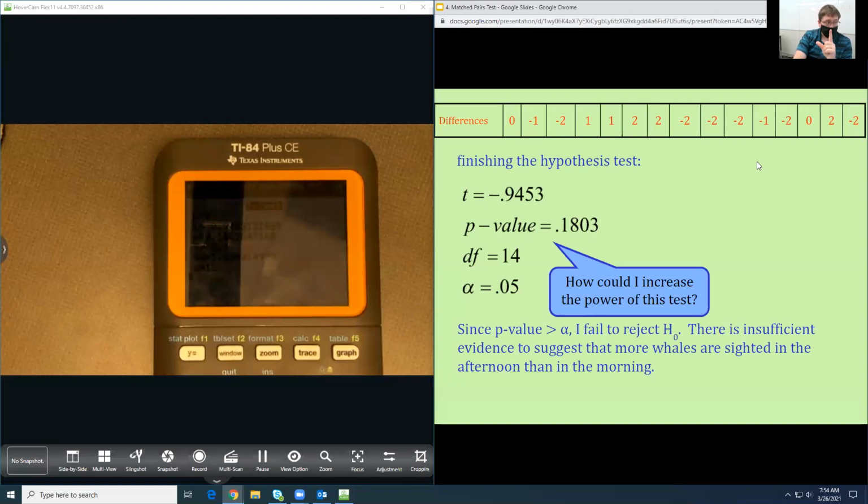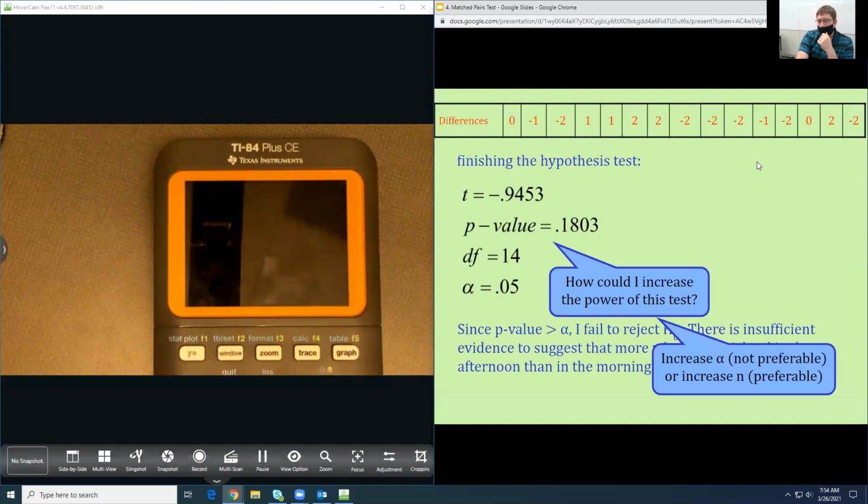There is one more way, though. It's a lazier way, but it still works. What's the other way we can do it? Anybody remember? The other way you can do it is to increase your alpha, which then increases your type 1 error risk. But if you don't have the availability of more sample size, you can just slide it over a little bit.